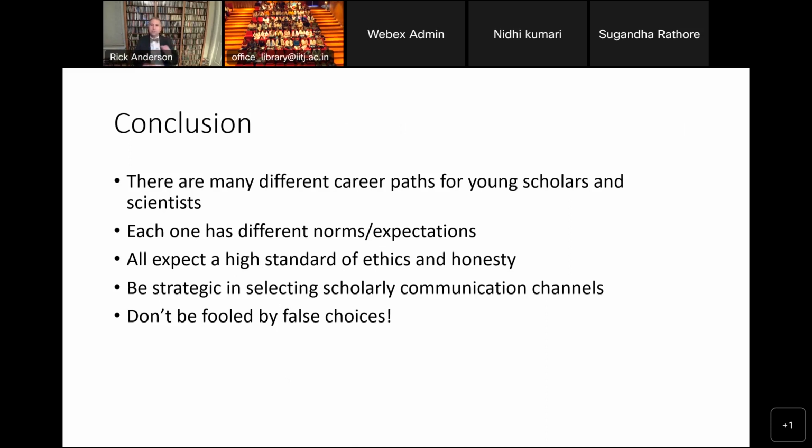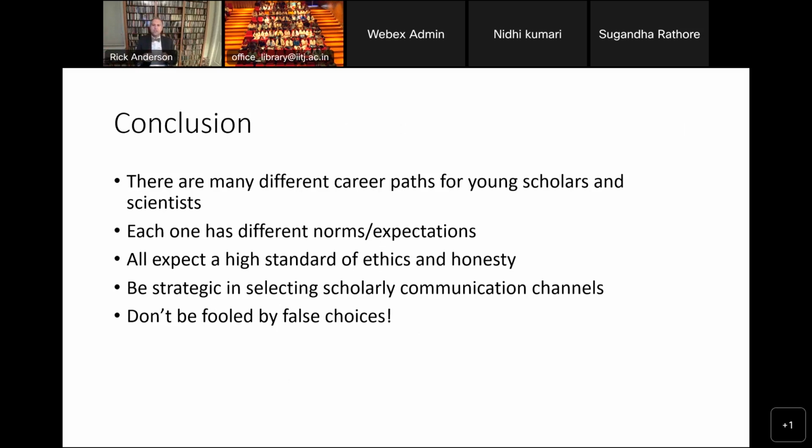I mentioned at the beginning of this presentation that people do things for a variety of reasons. Never let anybody tell you that you have to choose between, for example, publishing in an open access journal and publishing in a toll access journal. You can do both. You don't have to choose between doing funded research and doing independent research. You can do funded research one year and independent research another year.